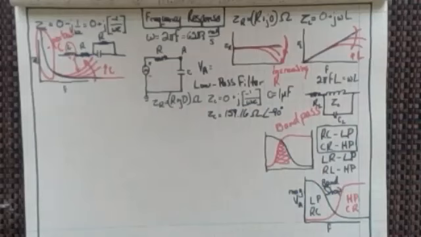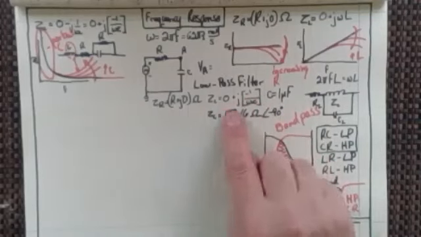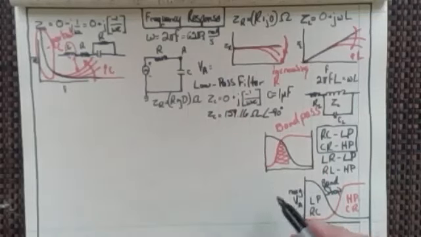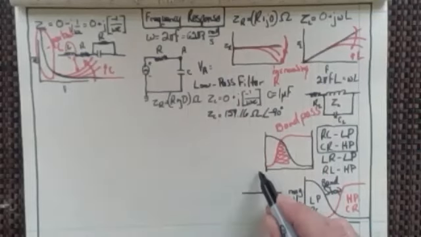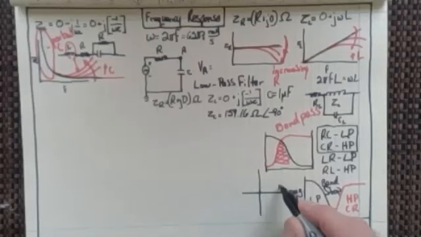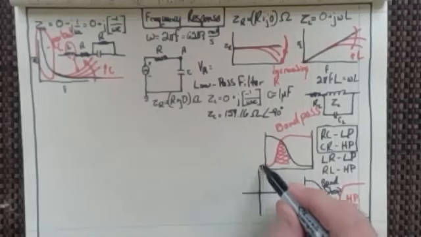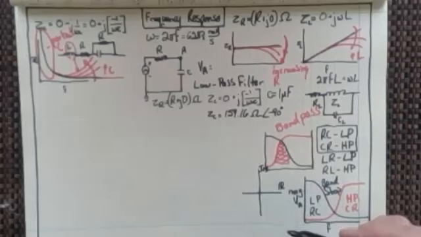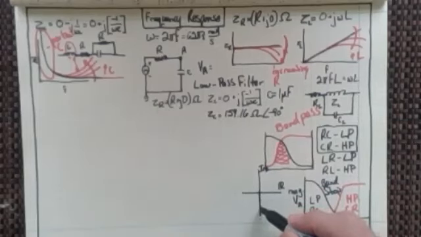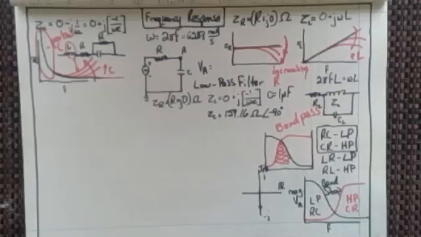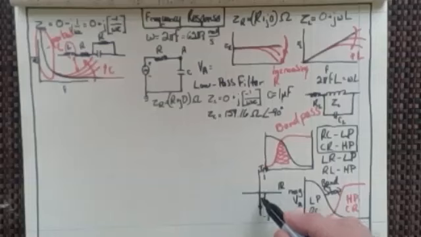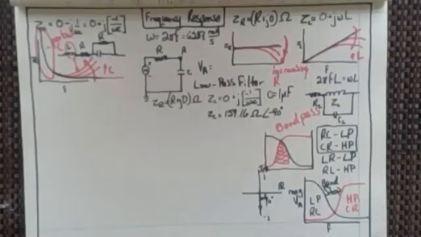Does everyone see why that's minus 90 degrees? Because it's at the minus there, and it'd be minus J. I can put down the complex plane here so that everybody can see what we've got. There's my real, there's my imaginary axis. This is in the minus J direction, and of course this is a J direction up on the top. So that would be at minus 90 degrees. It would also be at plus 270 degrees, and whichever way you'd like to write it is perfectly fine with me.